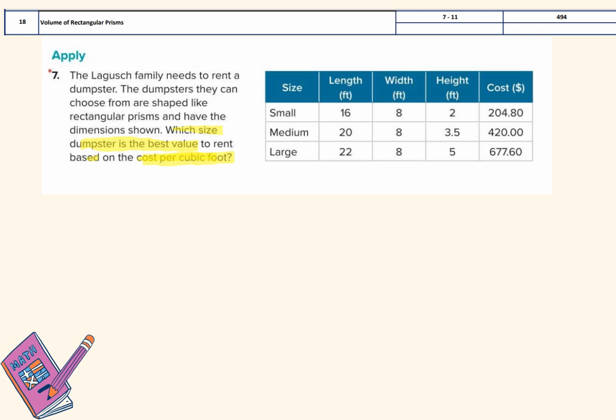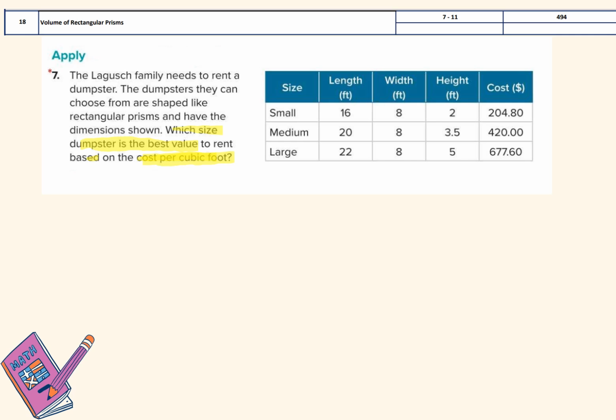Cost per cubic foot. So I know that cubic foot is always a unit to measure the volume. So there is a ratio here between the cost and the volume. So that's the main sentence, let's say, that tells you what you are going to do. You need to find the volume, and then you need to find a ratio between the cost and cubic foot. So let's see how.